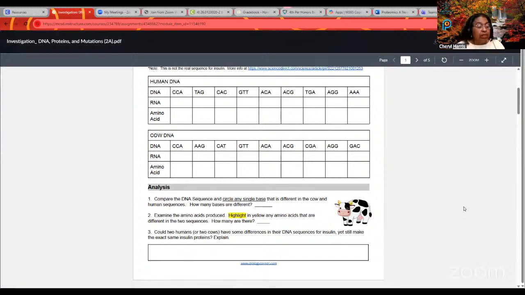I mean, if you were looking at sets, how many sets are different? You're not counting each one. Come on, folks. Y'all were supposed to be doing this with me.